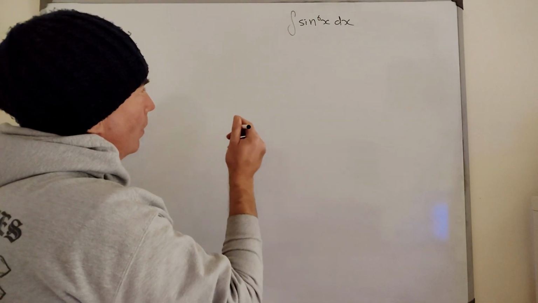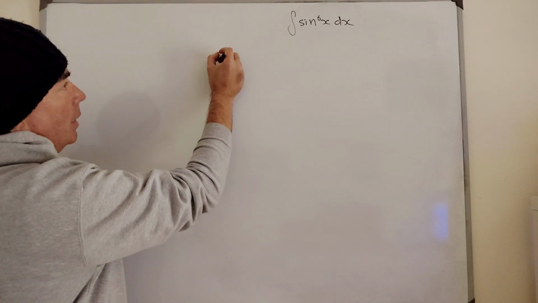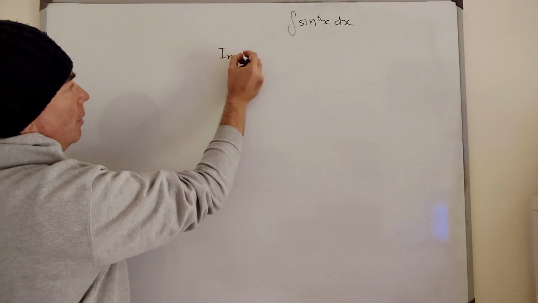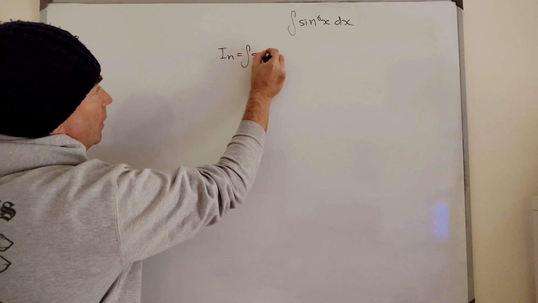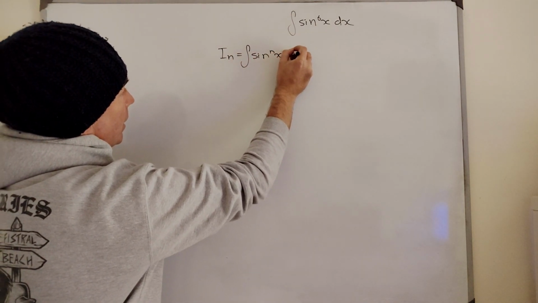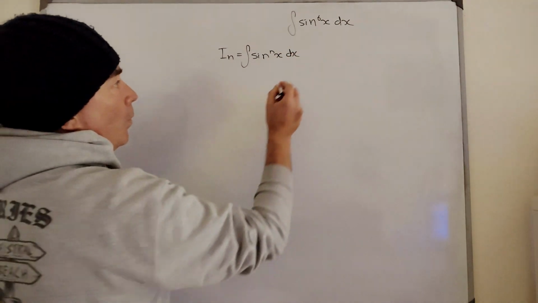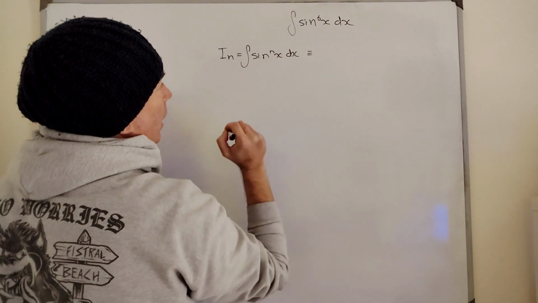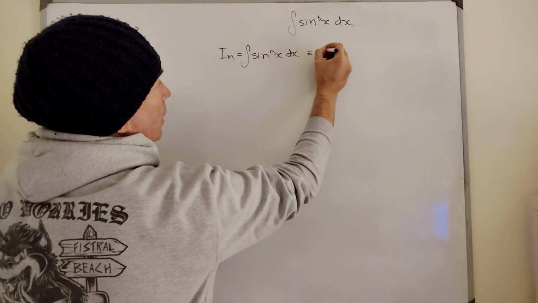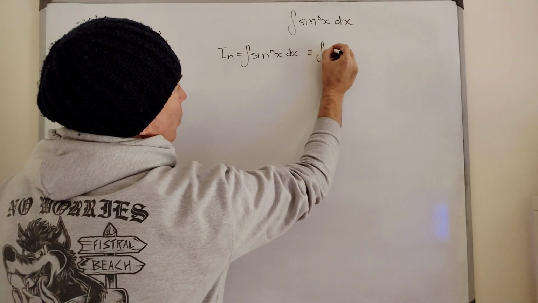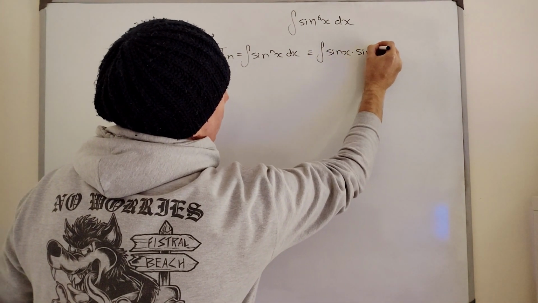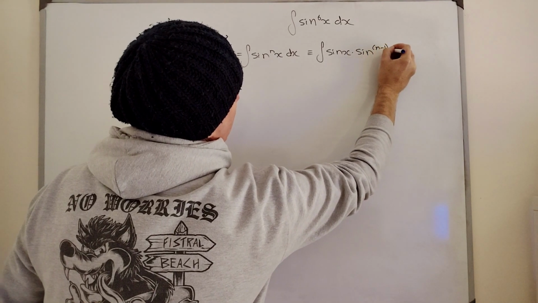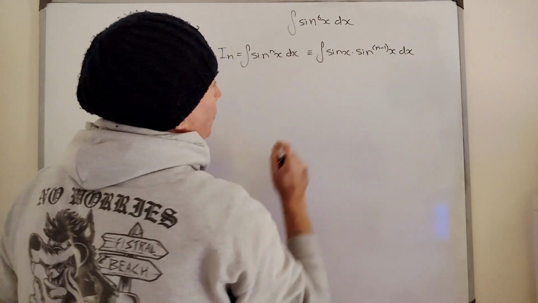So what we start by doing is introducing the general integral I_n, where n is the power of sine: the integral of sine^n x dx. Then we take out a factor of sine x inside, so we end up with the integral of sine x multiplied by sine^(n-1) x dx.